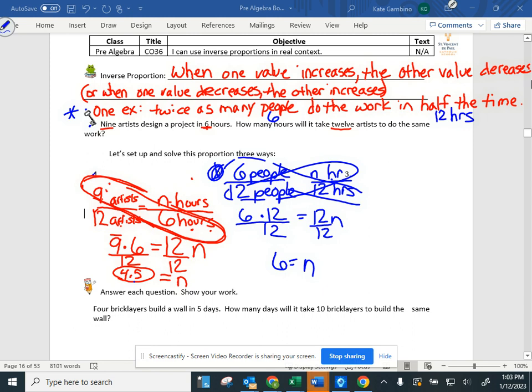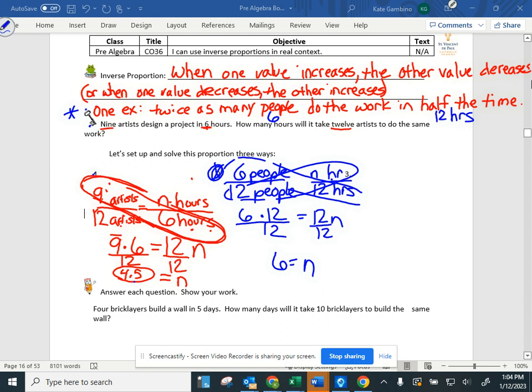So 1 and 2 are the same way to solve it. It's not a different way. That's why we got different answers, because I did different problems. Does that make sense? I didn't explain that's what I was doing.